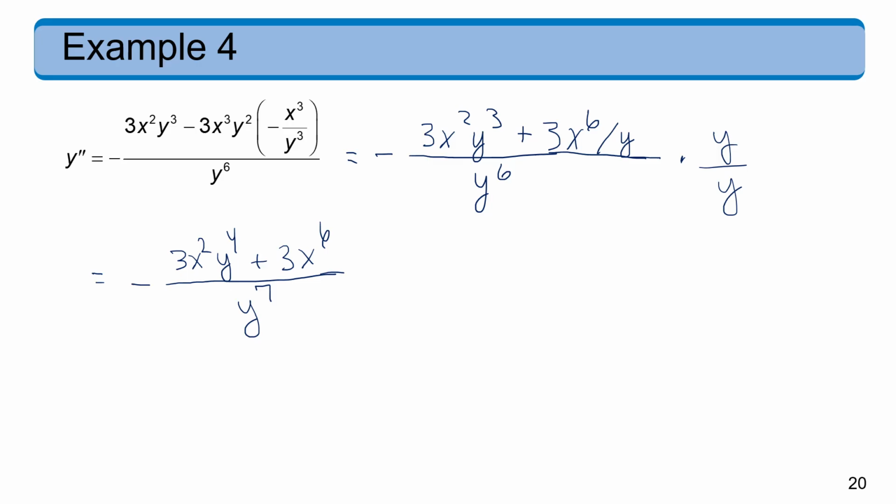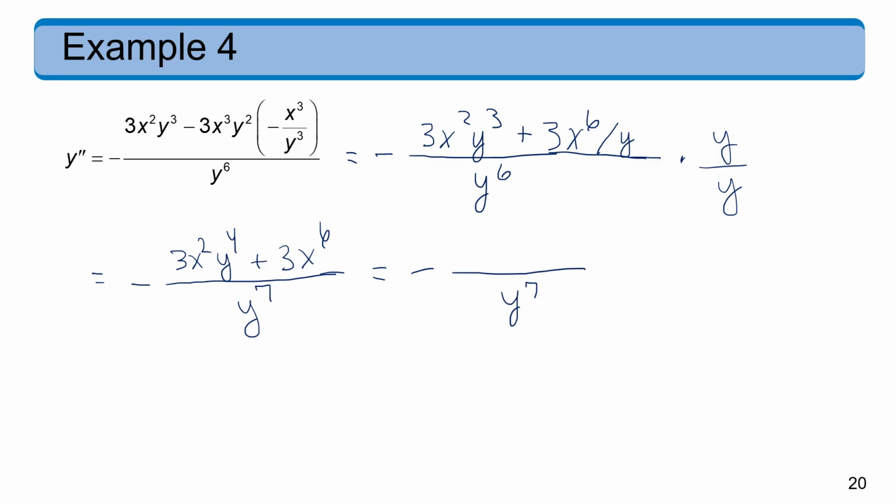So it would be perfectly fine to stop here. This could be our final formula for y double prime. This is an example from the book, and they actually go further, and they use a kind of clever trick that is not obvious at all that you could do, but I'll just show you because it's kind of interesting. So next, I'm only going to simplify here in the numerator.